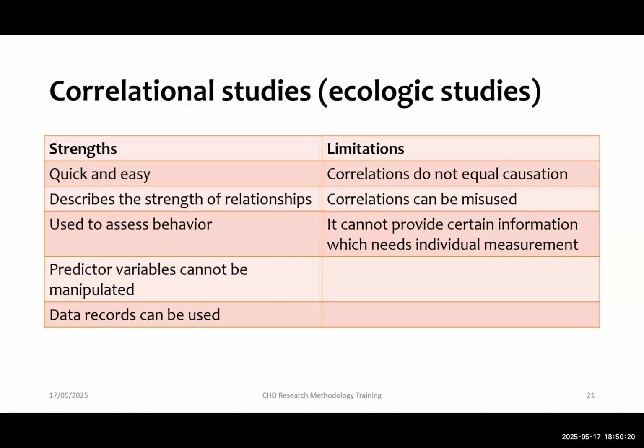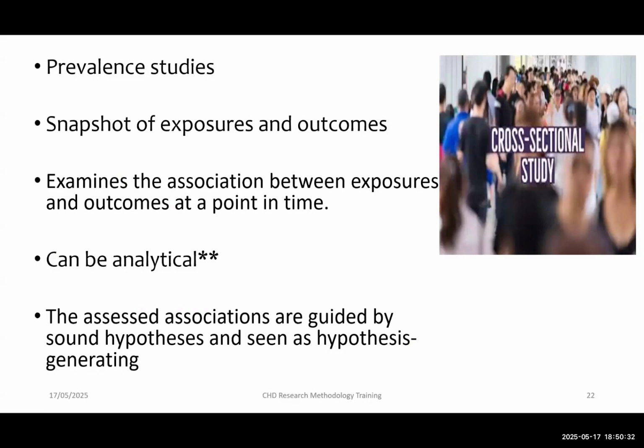It cannot provide you certain information that you need in the individual measurements when you're trying to do that analysis. Then we progress to the next study design, which is a cross-sectional study. A cross-sectional study is also known as a prevalence study.